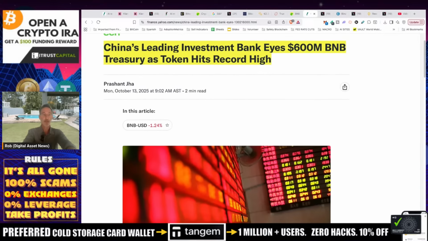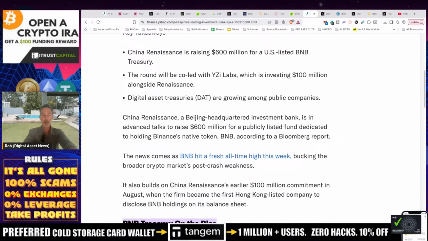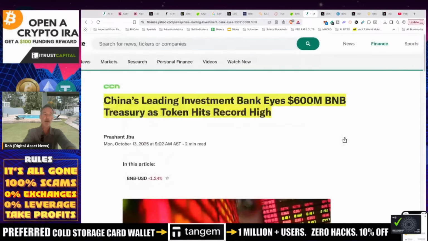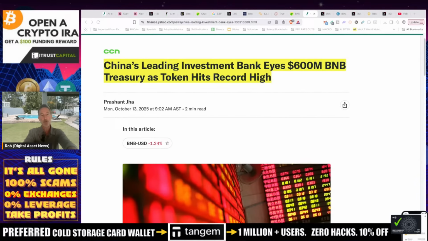So traders hear about this like, oh, I got to get into BNB. So all this stuff about how this is a horrible exchange and their manipulation, but yet they'll go in there and buy it. That's what I see. Maybe I'm wrong in how I am interpreting this, but it looks like because a bank is coming in, one of the largest investment banks in China, they are going to make BNB their treasury in the crypto space.